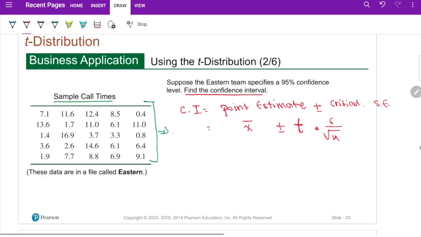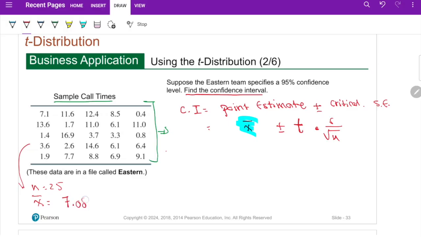So the question gives you n, which is 25. We have to get x bar. You can't take it from the sample, you just calculate the average. If you calculate the average, you're going to get 7.08 minutes. Also, you have to get the standard deviation of the sample. You use Excel: s equals STDEV.S of all of the data. Then you get 4.64 minutes.